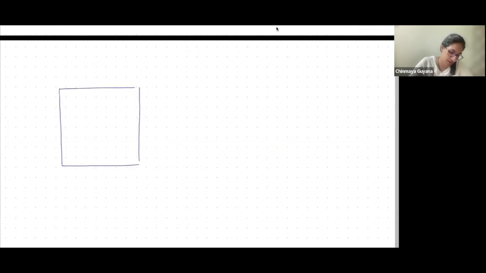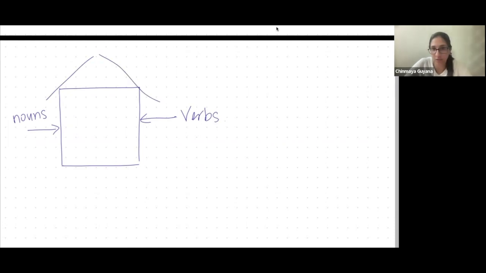You know, in Sanskrit, I had mentioned in the beginning, if you have nouns and verbs, you can very simply make a 2D house of sentences, right?